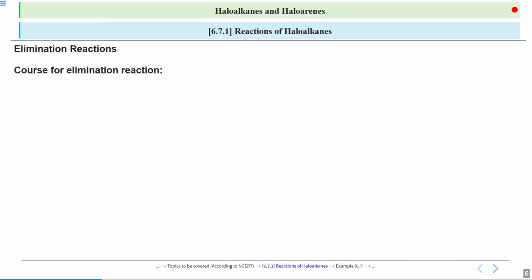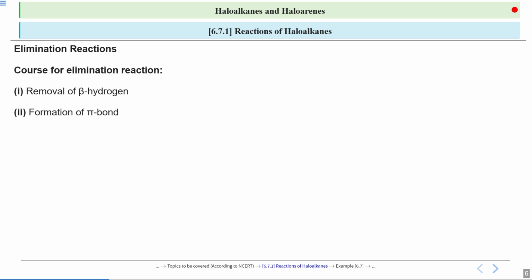What are the steps for the elimination reaction? First step is the removal of beta hydrogen. As per the condition, there should be a beta hydrogen so that we can remove it for the elimination reaction, right? So there is a removal of beta hydrogen from the carbon.